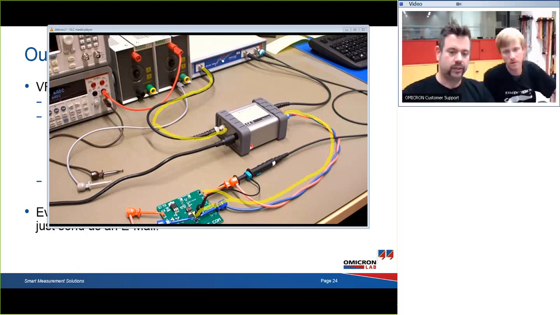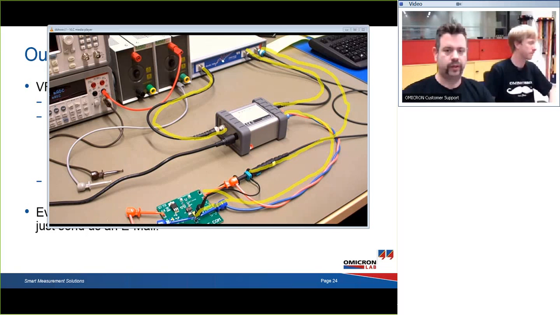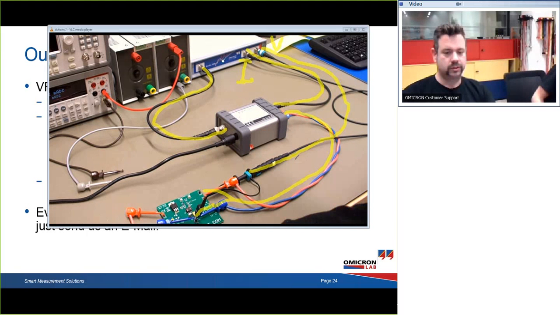In parallel, we connect a probe at the output of the board, which is connected to channel 2 of the Bode 100, so that we pick up the output voltage. And to measure the output current, we just have to connect the current monitor to channel 1 of the Bode 100. So we divide voltage by current, and as a result, we are measuring impedance.